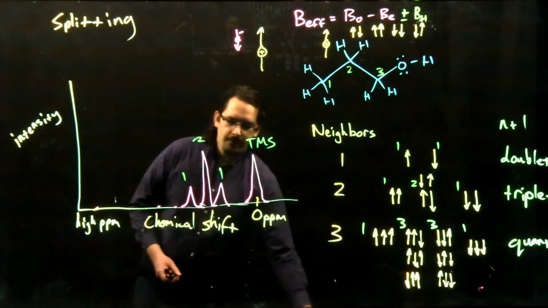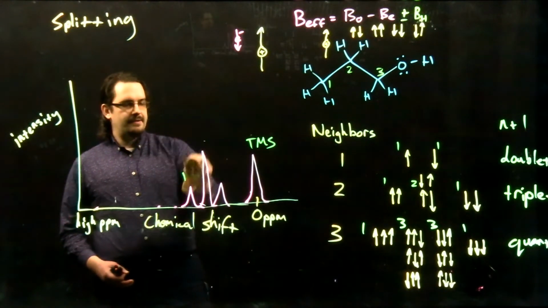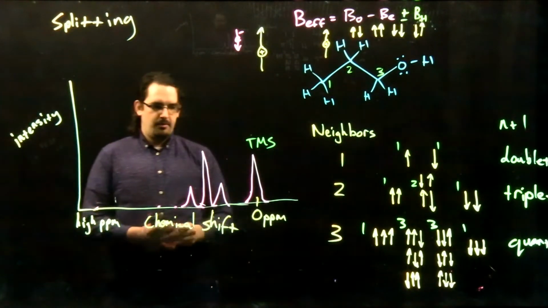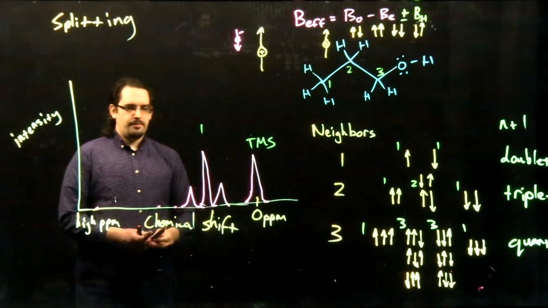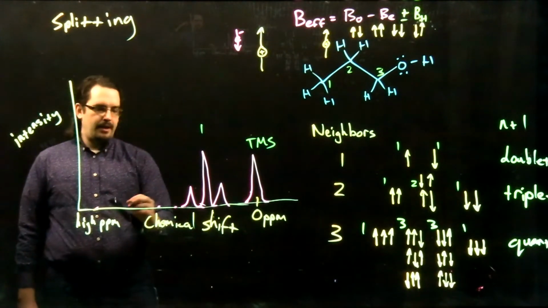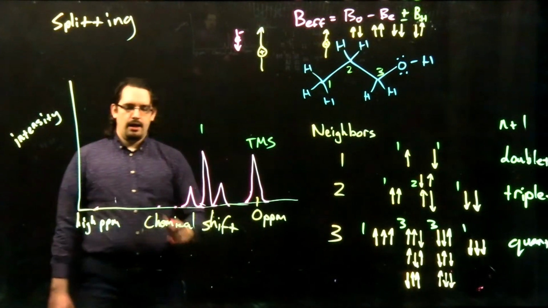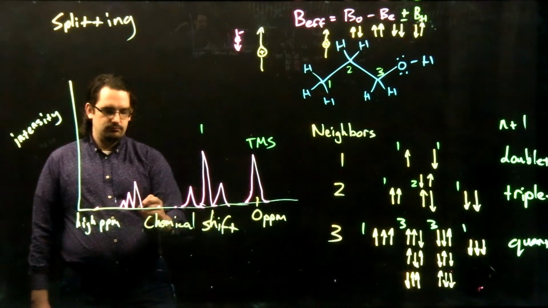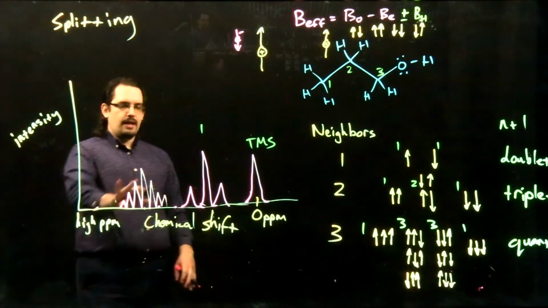So overall, if we were to draw this out, we would see this triplet from group 1 as it's split by those 2 neighbors. Group 2, we'd get a very complex splitting pattern. I'm just going to show so we'd have lots of little peaks.